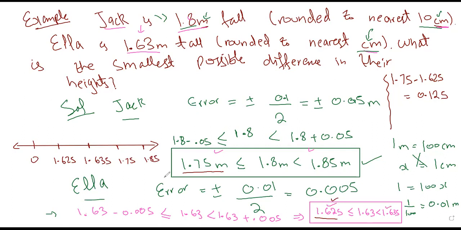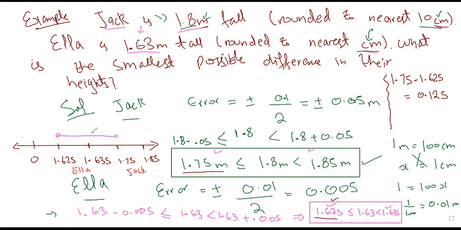Okay. Now, what we have calculated right now is this and this. But obviously, this shouldn't be the answer. This is for Ella and this is for Jack.